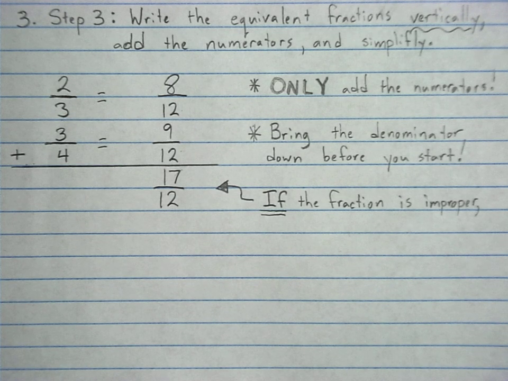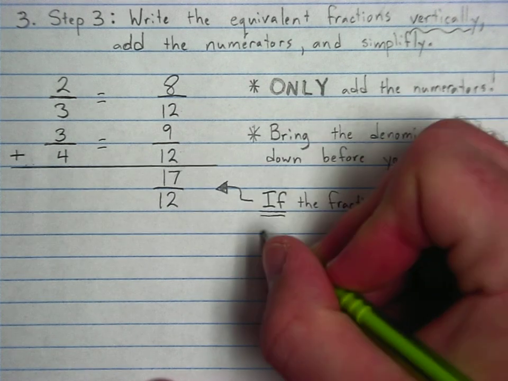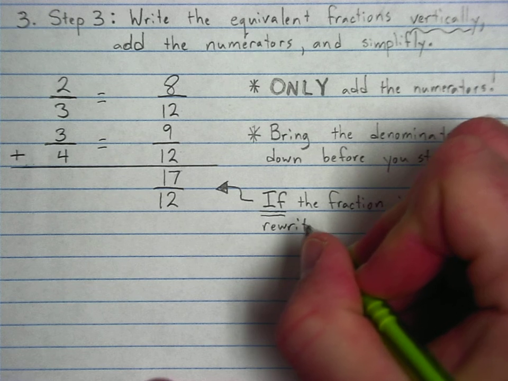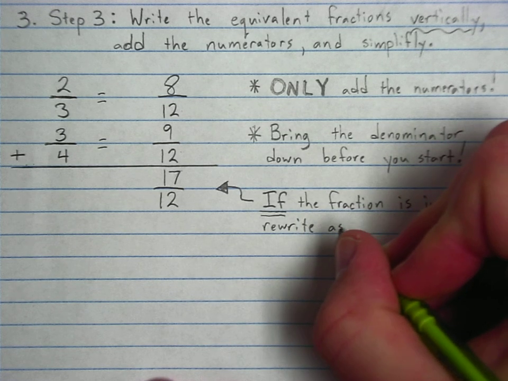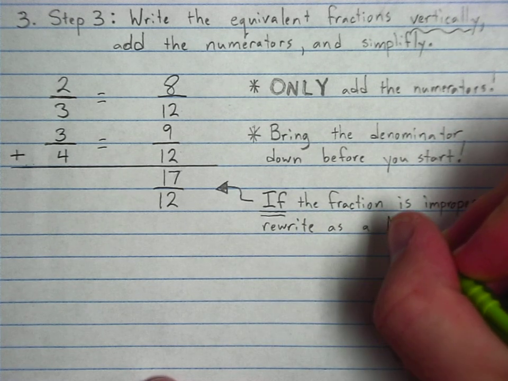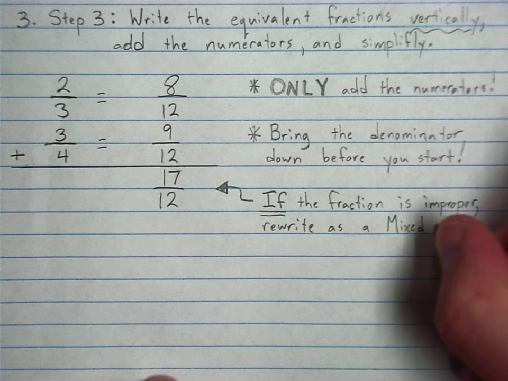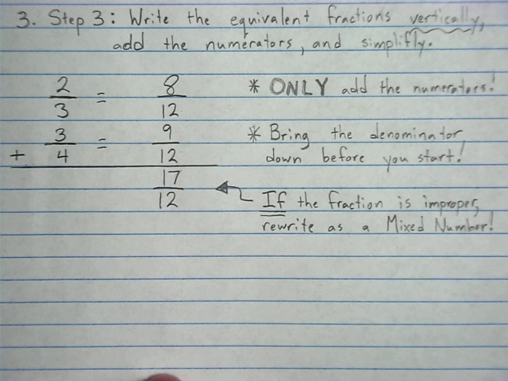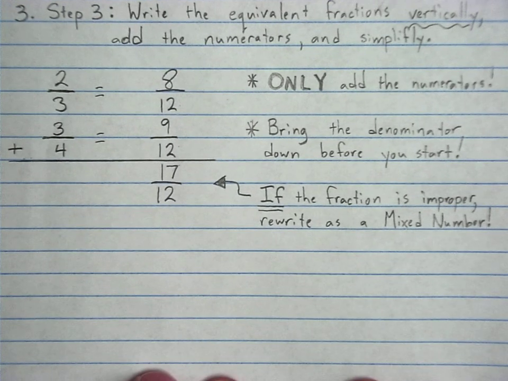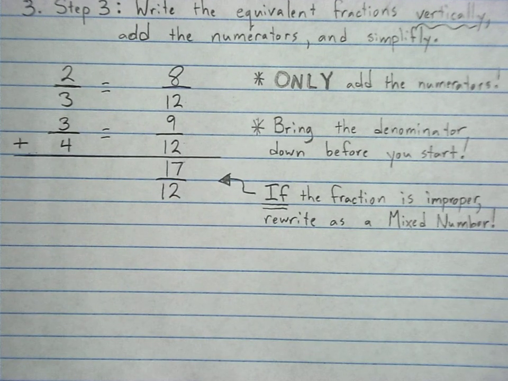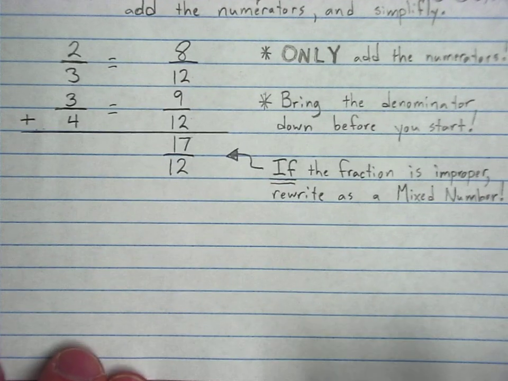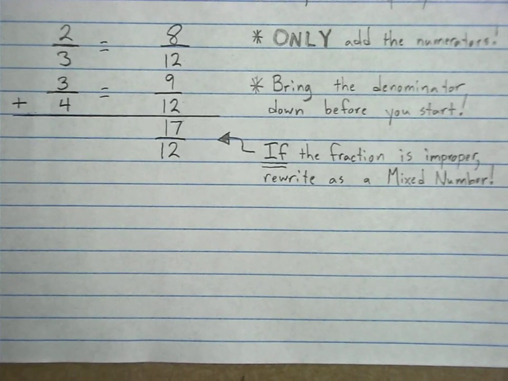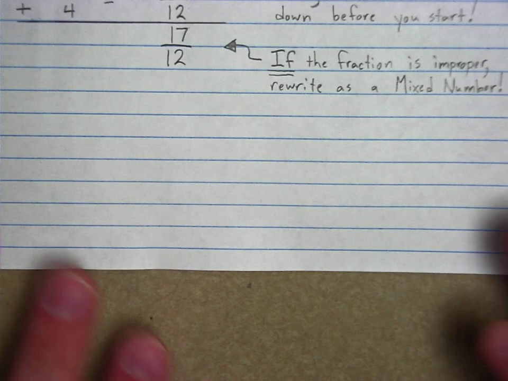That should not normally be the case. If the fraction is improper, rewrite as a mixed number. It's a mixed number because it is a mix of a whole number and a fraction. For those of you who would like a little refresher on that, let's talk about what that means, and then we'll be just about done.